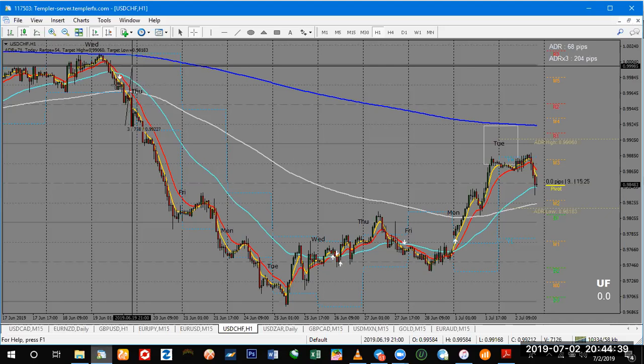So once the price has broken the first 25 pips, we should expect the price to go 100 pips. That's how the quarter theory guys use the quarters.